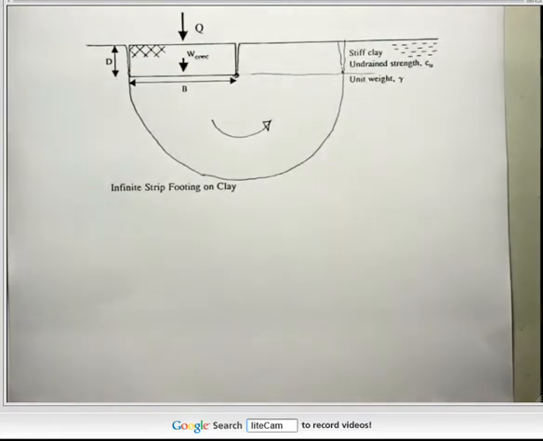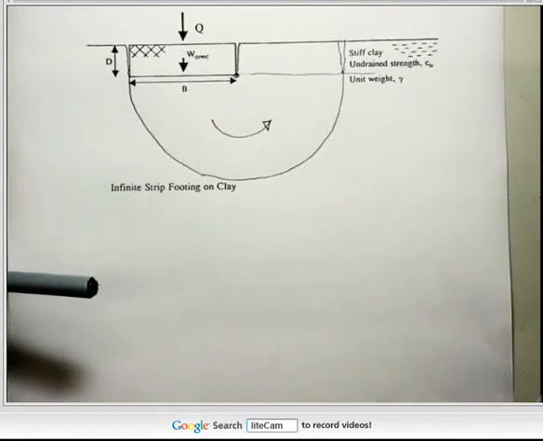This type of analysis is called a limit equilibrium analysis. What we're actually doing is creating in our minds this point just before, well, not even just before, just at the point of failure. We're saying what's happened is the soil has been loaded up to the point where it's just about to fail.